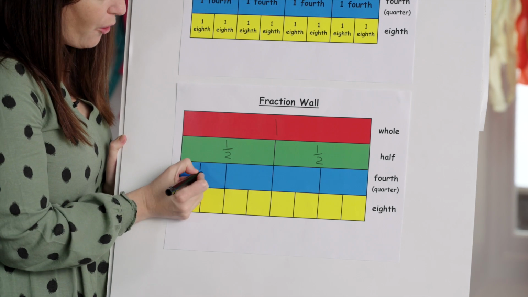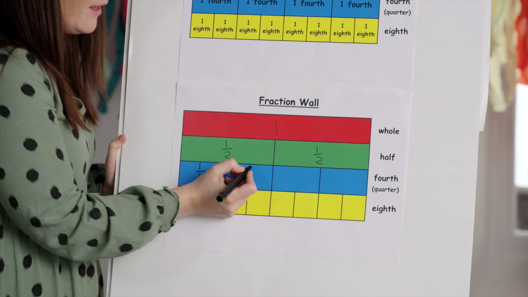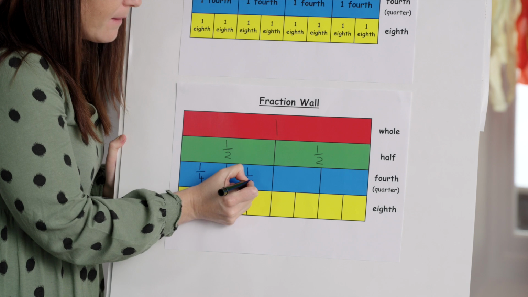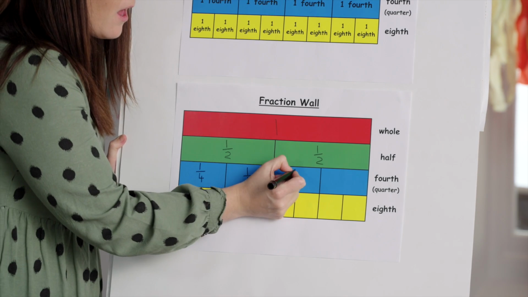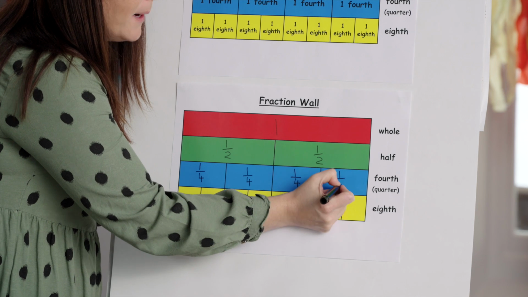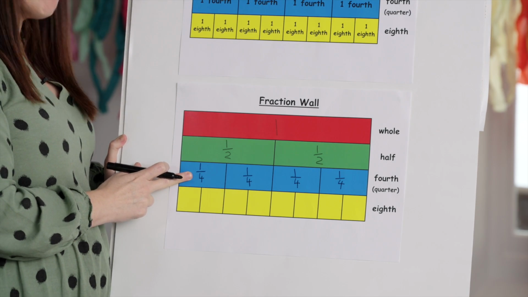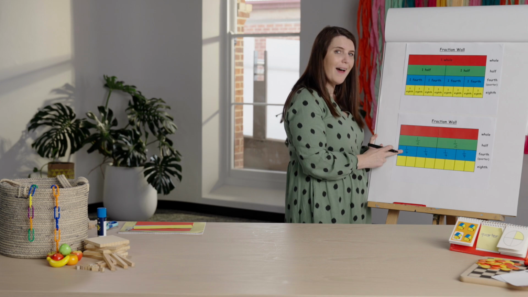So I can show one part of 4. One part of 4 and one part of 4. So I have a fourth or a quarter.